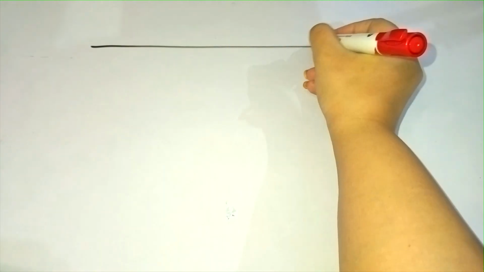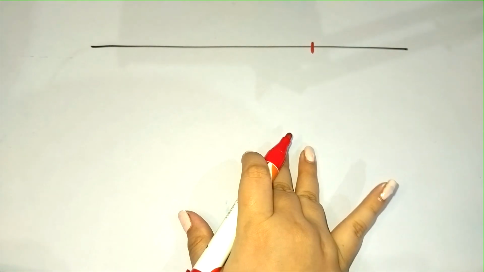Let's forget Fibonacci for a moment. Imagine I have a line and I am going to divide it into two parts. For example, I have divided it like this.